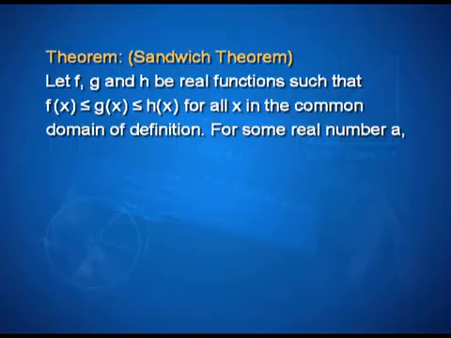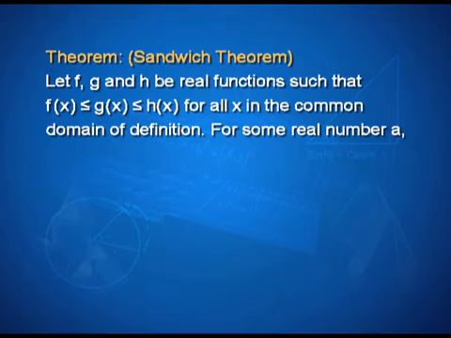Now, theorem number 2, which is also known as the sandwich theorem: let f, g and h be real functions such that f of x is less than or equal to g of x, which is less than or equal to h of x for all x in the common domain of definition.